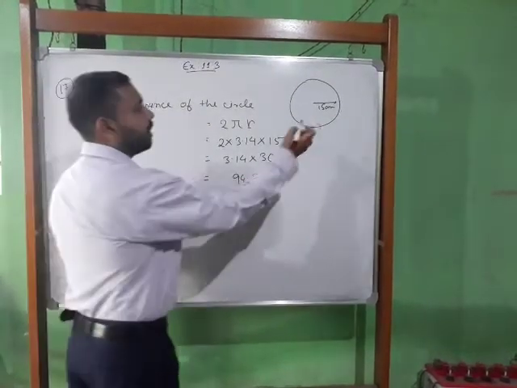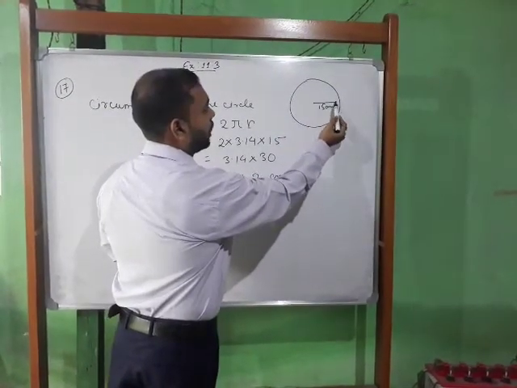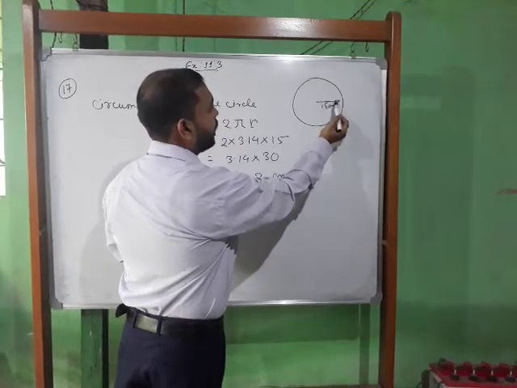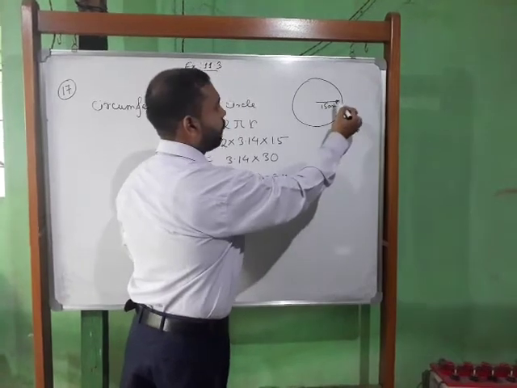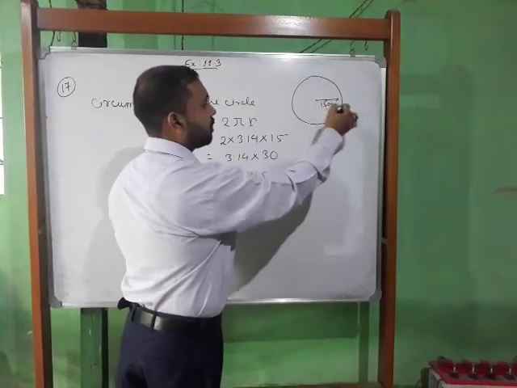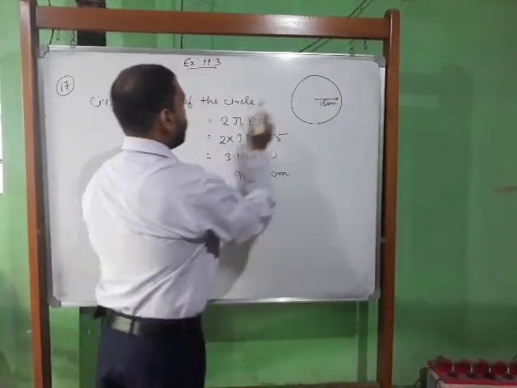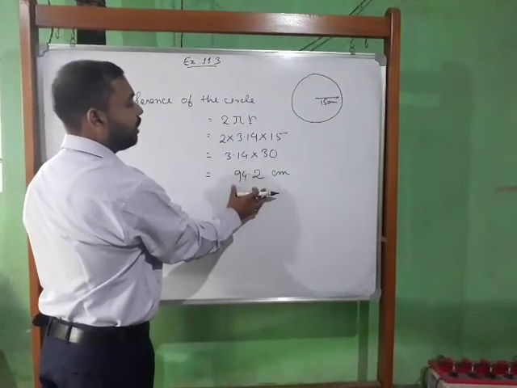Therefore, what we can say is, in 1 hour the minute hand will come back to the same position. So how much distance does it cover? The distance it covers is the circumference of the circle. That's why I have taken out the circumference of the circle.